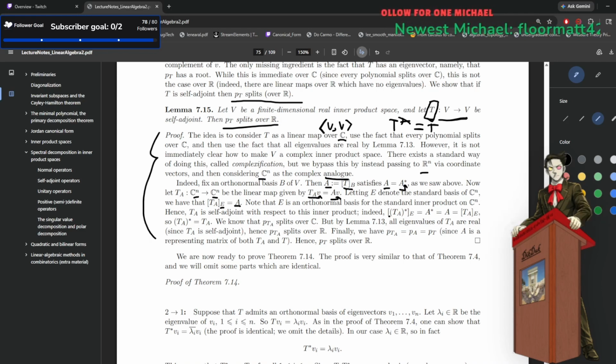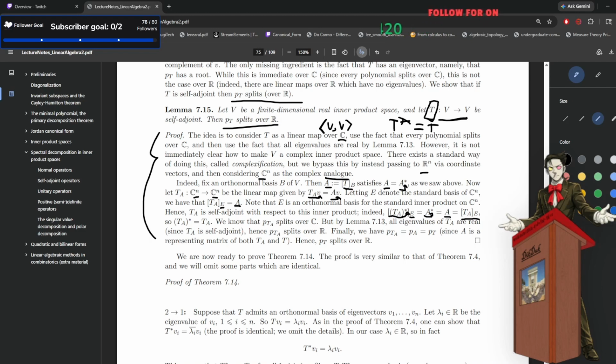Indeed, T_A star in the standard basis is equal to A star, which is equal to A since it's self-adjoint, which is equal to T_A in the standard basis. So T_A star is equal to T_A.